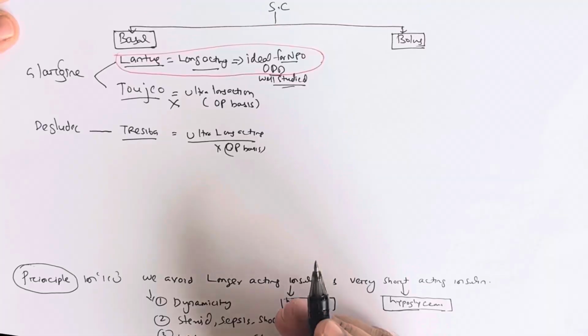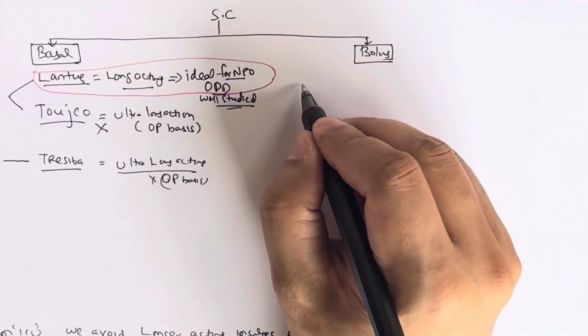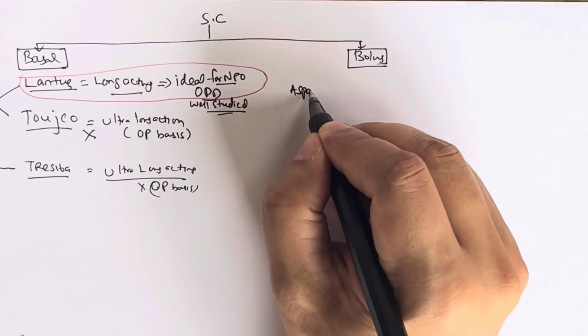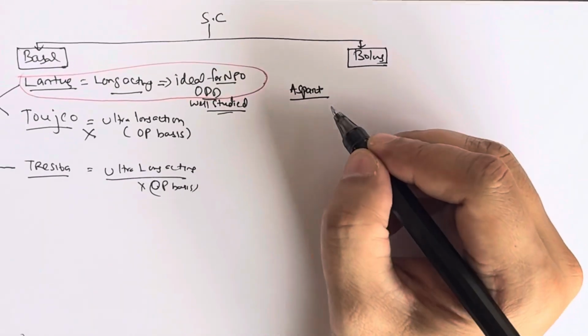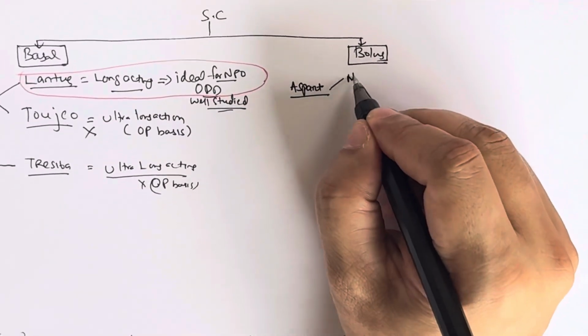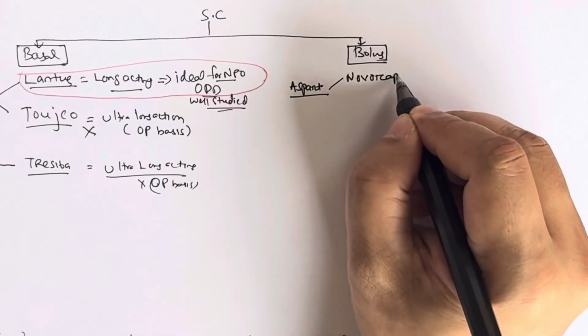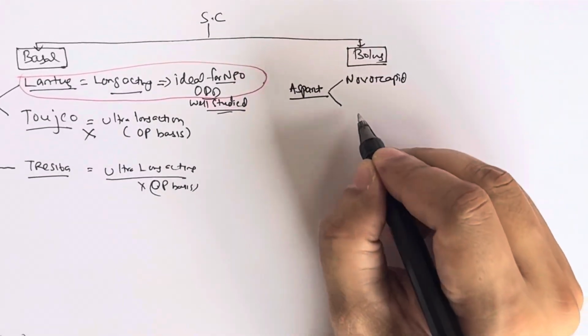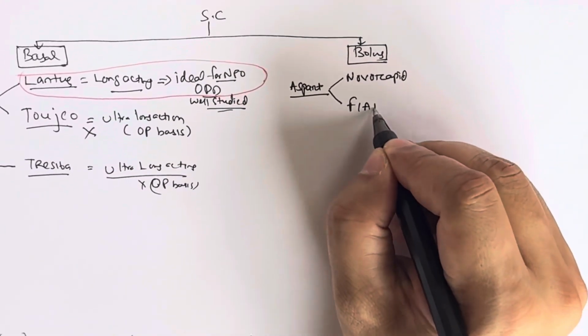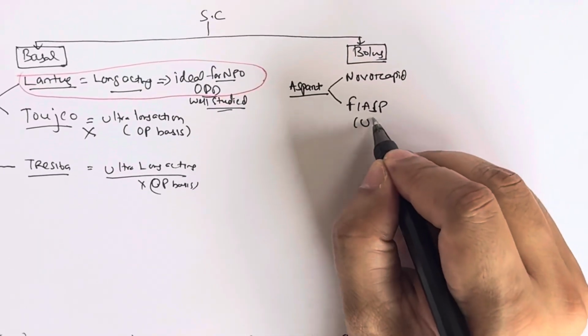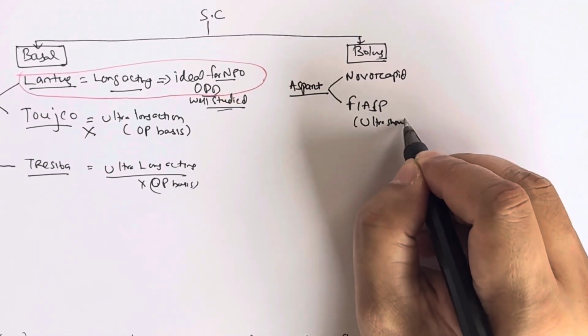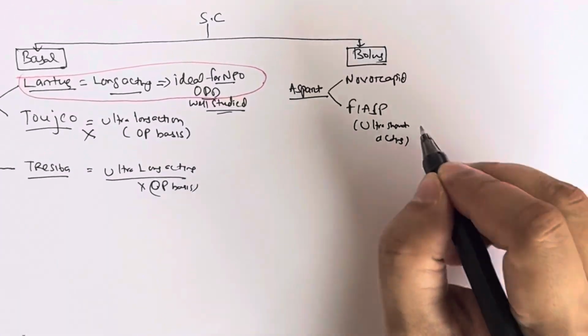And what about bolus? For bolus we have Aspart insulin, and Aspart insulin comes in two forms: Novorapid and Fiasp. Fiasp is ultra short acting, and Novorapid is short acting.